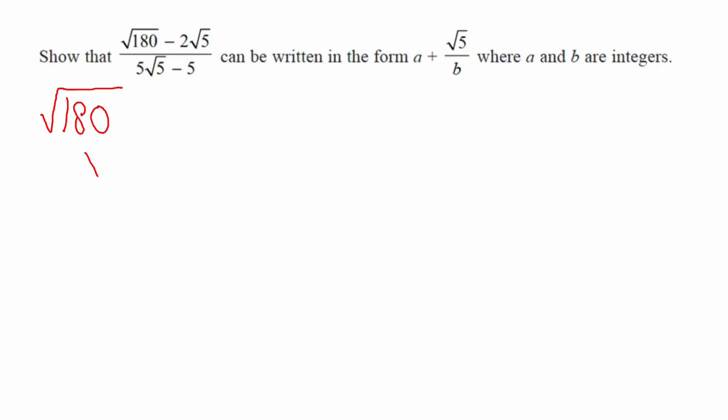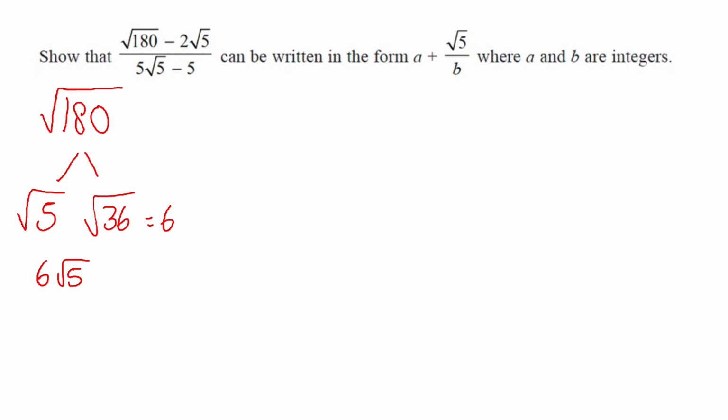Now when we think about that, we have got root 5 and our other number would be 36. So we write root 36. Now 36 is actually a square number, so we can simplify that down to 6. So root 180 now becomes 6 root 5.